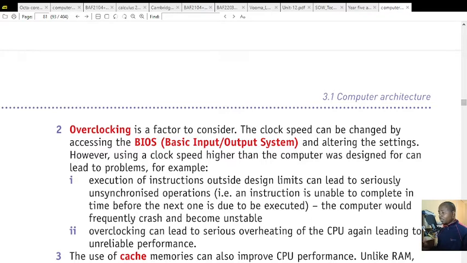That will improve the performance of the computer to a large extent, making it perform optimally as compared to a computer that doesn't have cache memory.